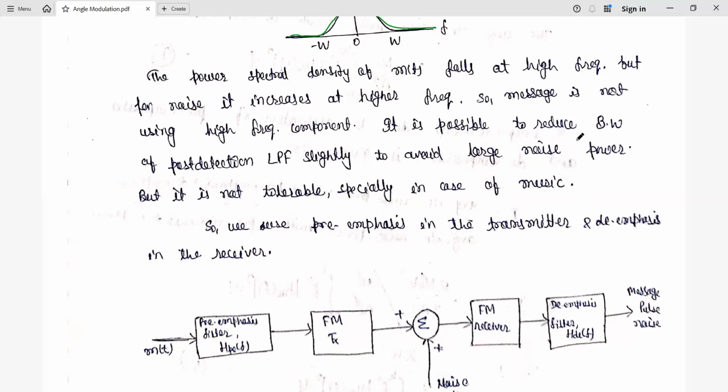If we reduce the bandwidth, we'll miss the high frequency components. In the case of music, high frequency components with low amplitude also play an important role. So it is possible to reduce the bandwidth of the post-detection low-pass filter slightly to avoid the noise power, but we'll miss important information in the case of music.